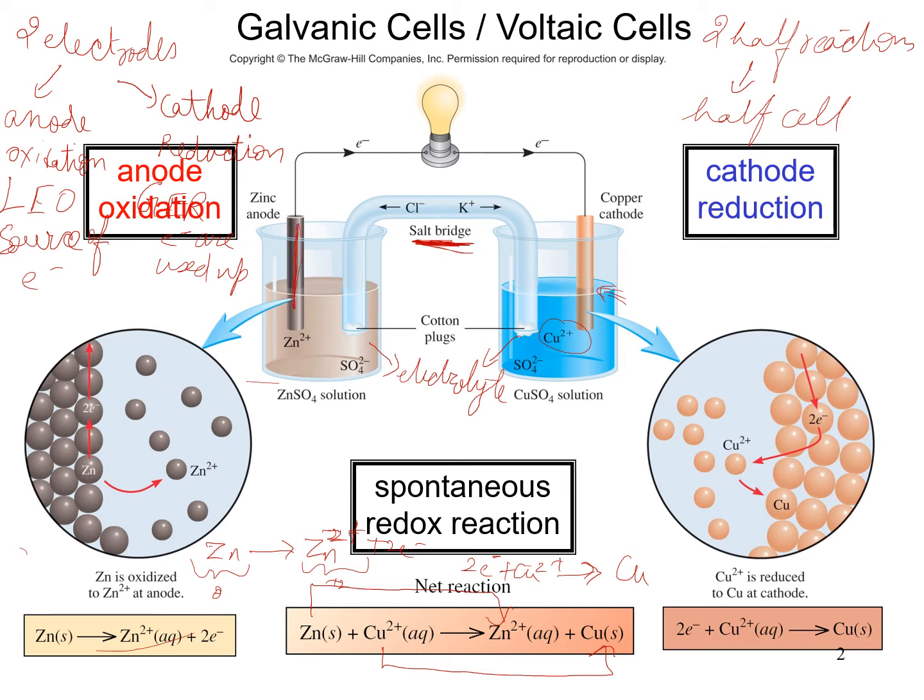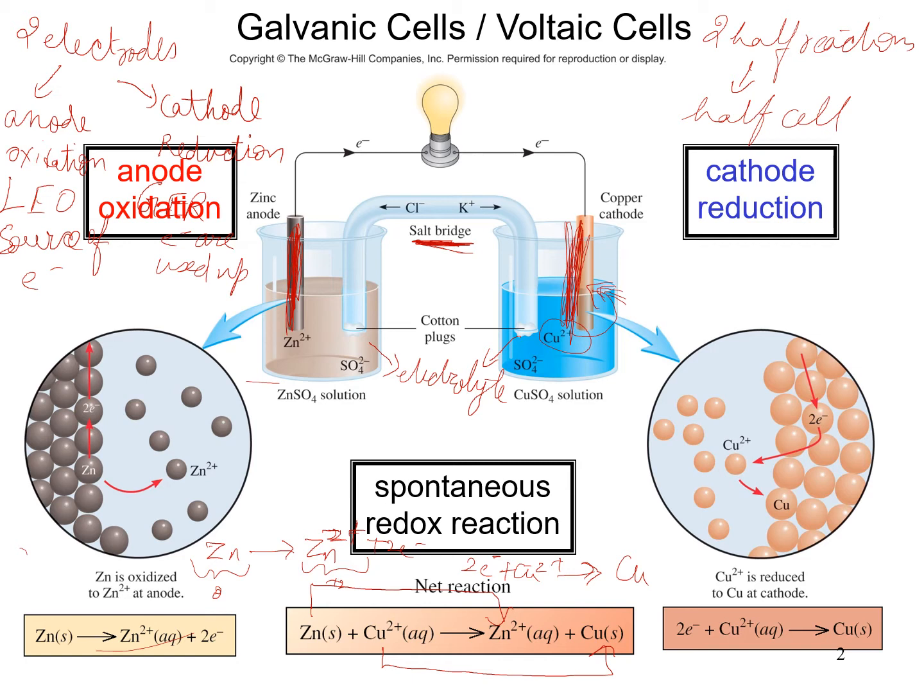So it will slowly become smaller and smaller in size, or thinner, whereas the copper cathode is going to increase in size. Why? Because more and more copper will keep on depositing on this copper, as copper 2 ions here are getting converted into copper, and those copper will deposit on the cathode. So mass of the anode reduces and mass of the cathode in this case will increase.